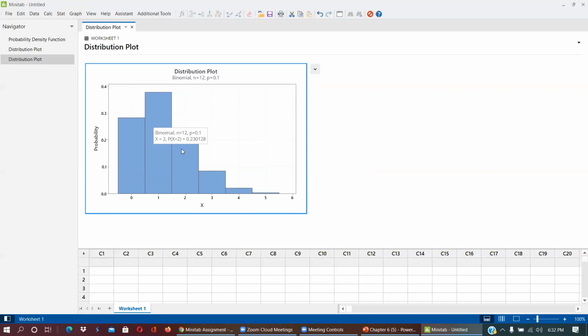Here you can see the total probability distribution where n is 12 and p is 0.1. This is the probability of event 0, that is 28%. Event 1 is 37%. Here event 2 probability is 23%.